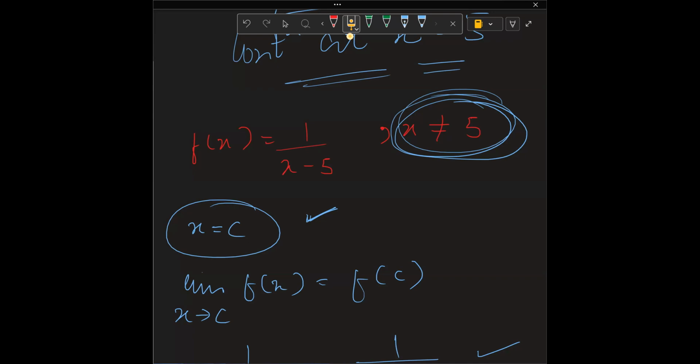Sir, below 5 we can take any number, right? You can take any number above 5 also. Sir, but over here it's not equal to 5. Okay, can't I take 6 here? 1 upon 6 minus 5. Yes, so we can do that.